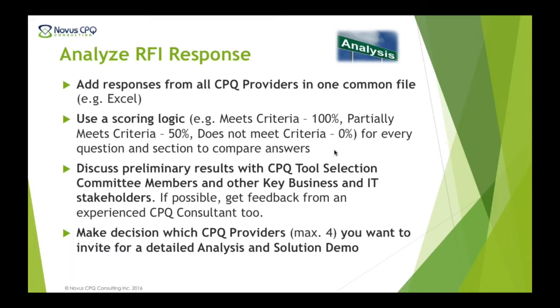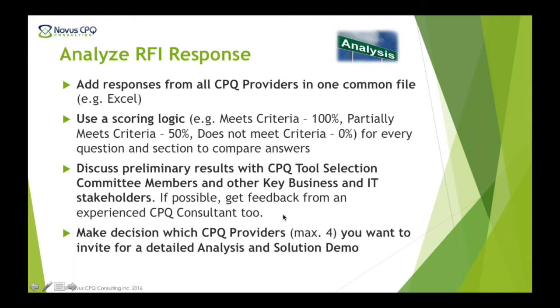Before you do that, you want to make sure that you discuss these results with the selection team committee members, and if possible, other key stakeholders from the business and IT community as well. If you work with a specialized CPQ consultant, then get their feedback too. That's good. The idea is you want to make this decision over here.